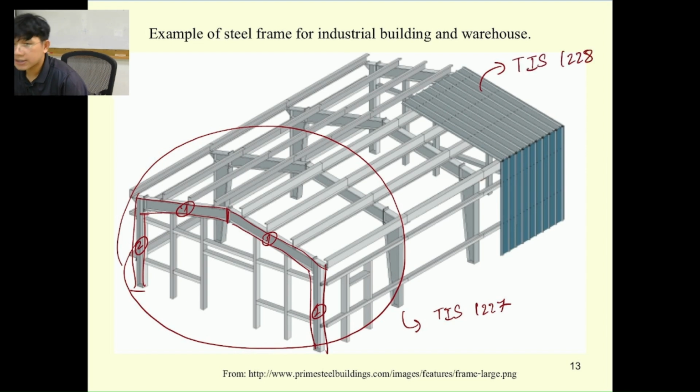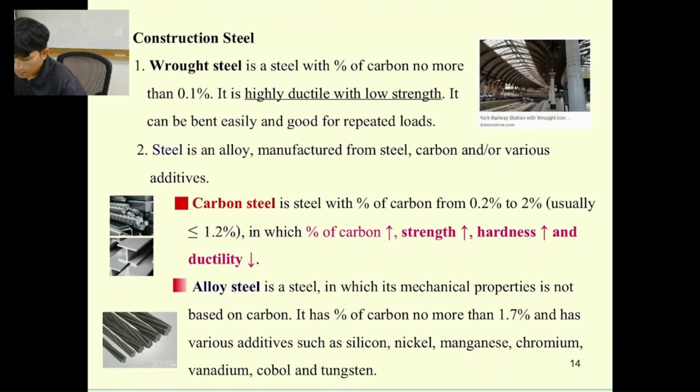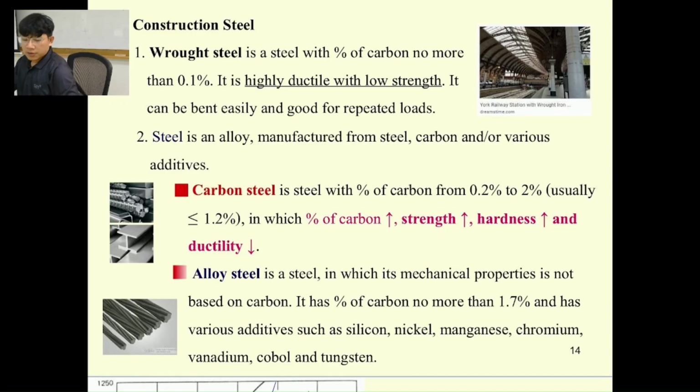They use the steel from hot roll and then compress it to create some yielding in the metal sheet, and then they test the material of the metal sheet according to TIS 1228 later.